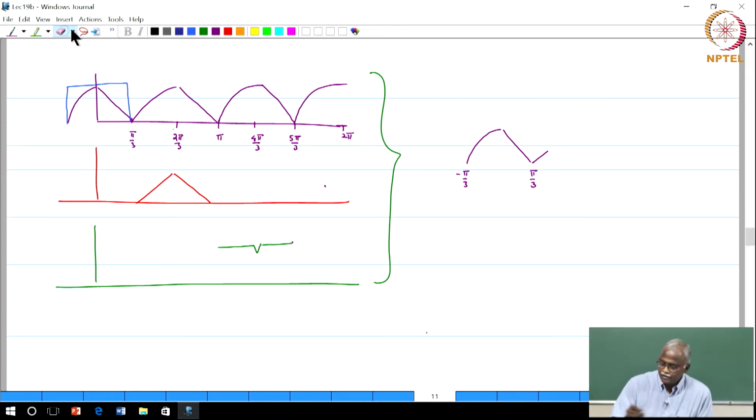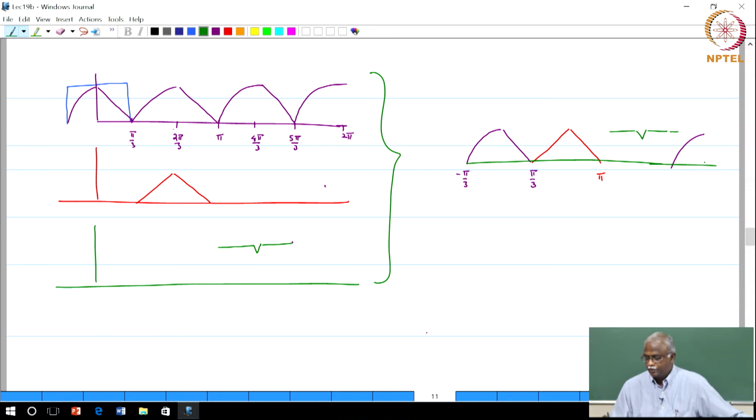Then the red portion, okay, I am sure you have already probably finished before me. This is the red portion going all the way to pi, and then the green portion, and then finally you will get one more, the other part. Okay. So, this is what the spectrum looks like.